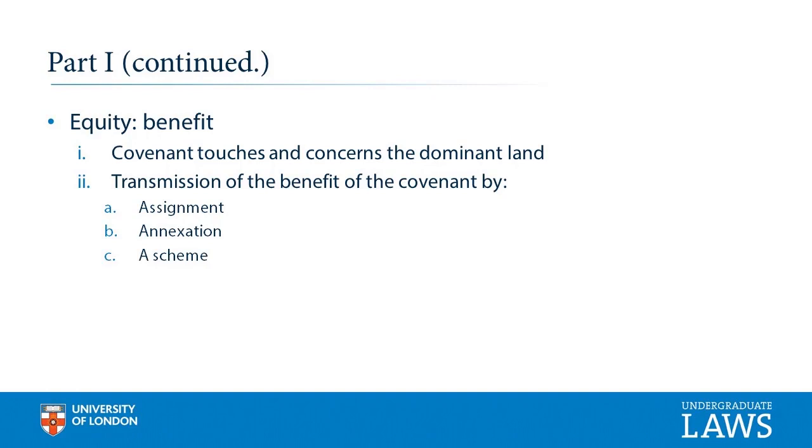So, for example, if it is clear from the terms of a covenant that it is only enforceable by the covenantee, this displaces the operation of Section 78 because annexation of the covenant to the dominant land, which would necessarily enable the covenantee's successors in title to enforce the covenant, would be inconsistent with the covenanting party's intention that it should only be enforceable by the covenantee.